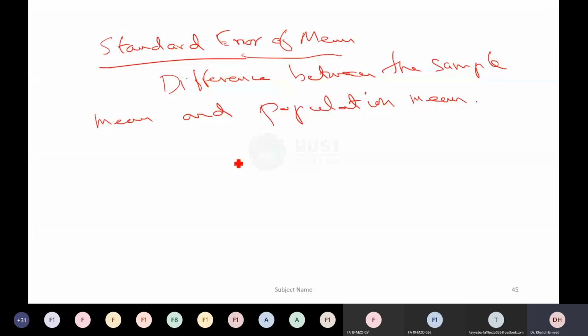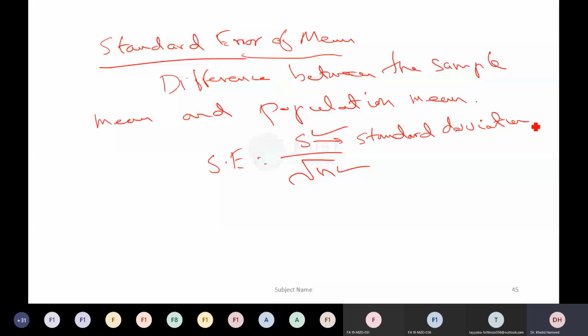The formula of standard error of mean is very, very simple: s divided by the square root of n. S refers to the standard deviation of the sample, and n refers to the number of observations in your sample, the sample size.